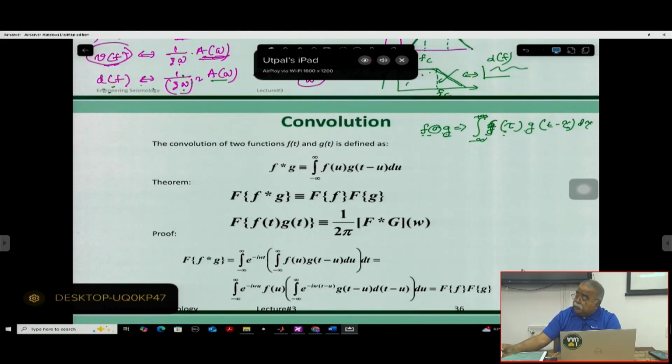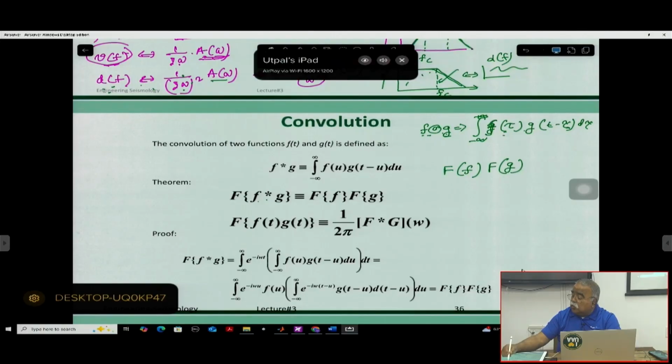If you do a Fourier transform of it, from minus infinity to plus infinity, then for f convolution g, the Fourier transform will be the frequency transform of f multiplied by the Fourier transform of the g function. So just multiply.